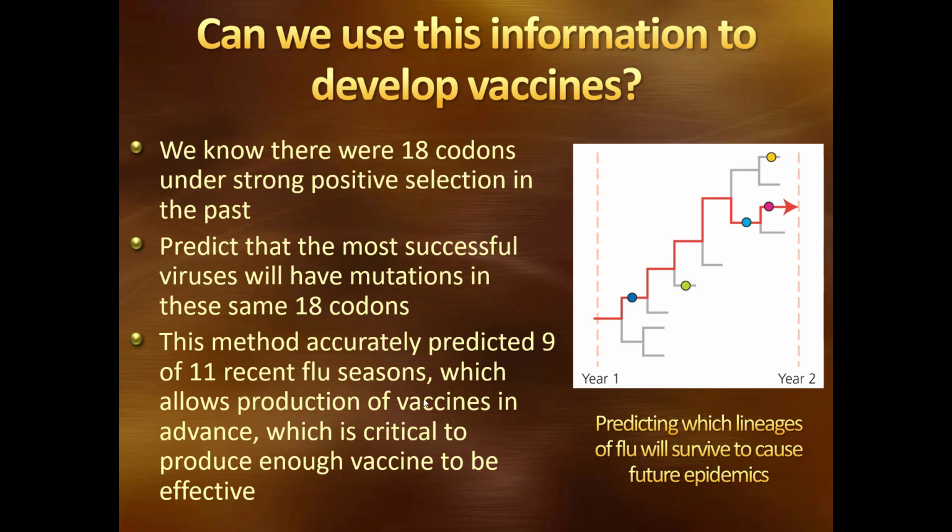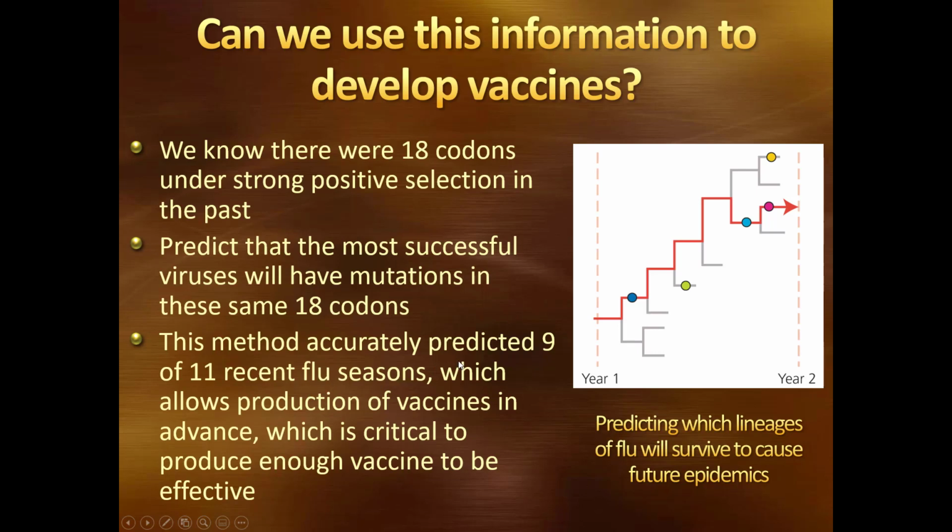So what they do is they try to predict where the change is going to occur. So we know, for instance, there have been 18 codons under very positive selection in the past. So we can predict that the most successful viruses in the future will have mutations in that region. And so what they've done is they've gone in and then predicted what will, say, next year or the next few flu seasons, where do we think those mutations will be?